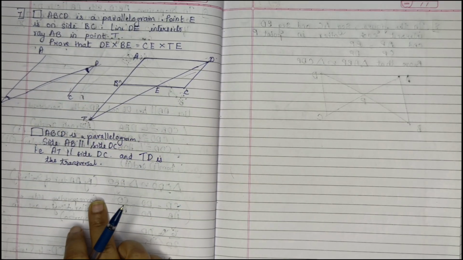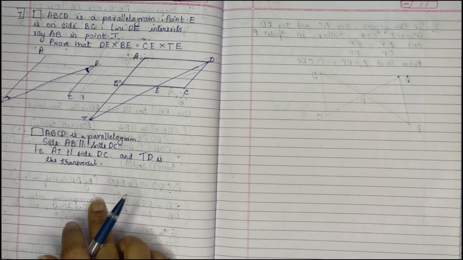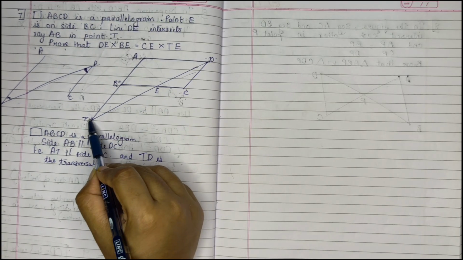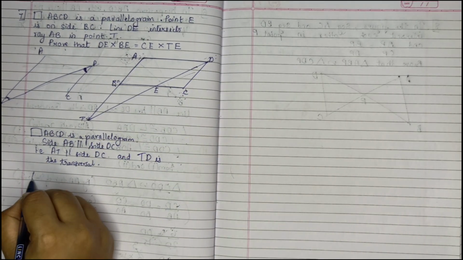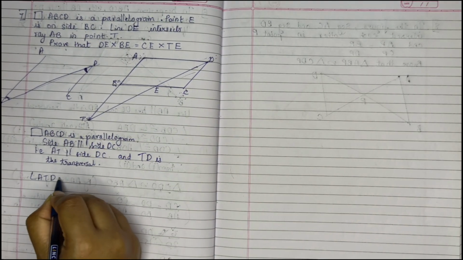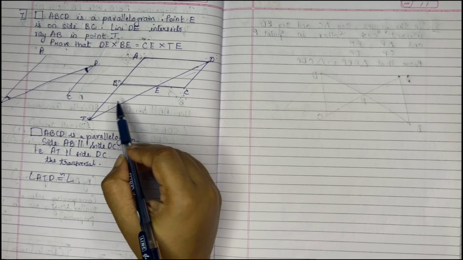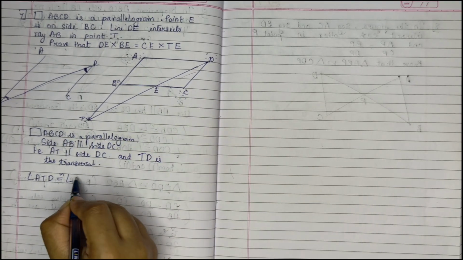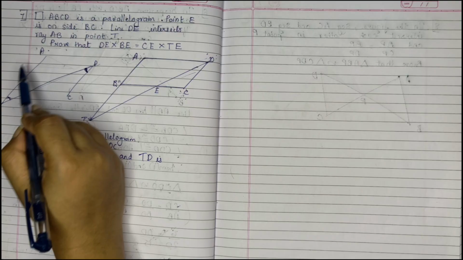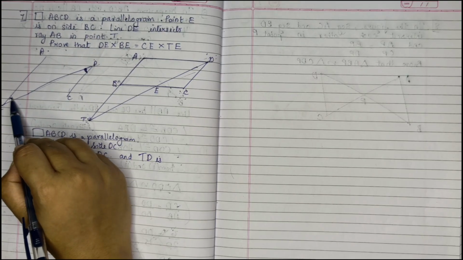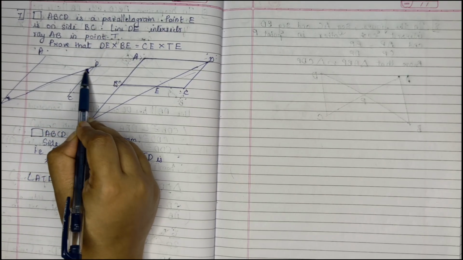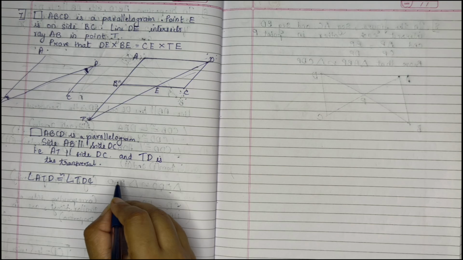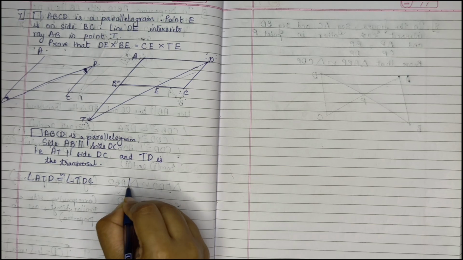So what we can write is angle ATD is congruent to angle TDC. See here, this angle is congruent to this angle. We can say by alternate angles.